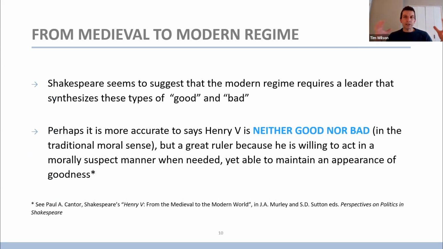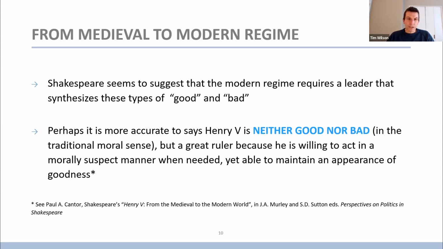So if we put the two together, I think maybe we could say that Shakespeare seems to suggest that the modern regime requires a leader that synthesizes traditional categories of good and bad. Or maybe it's more accurate to say that he's neither good nor bad in the traditional moral sense, but that a great ruler such as Henry V is a great ruler because he's willing to act in a morally suspect manner when needed, yet able to maintain an appearance of goodness.